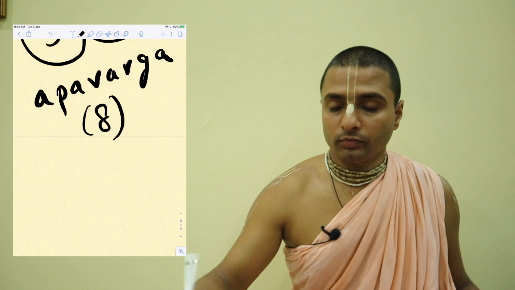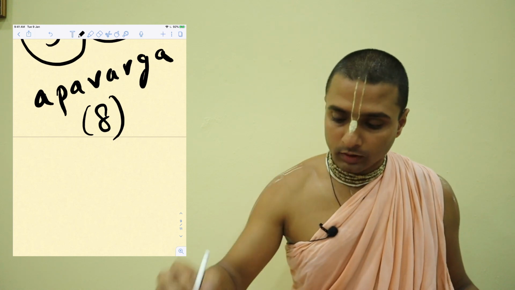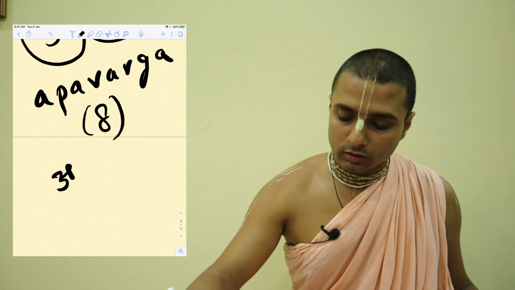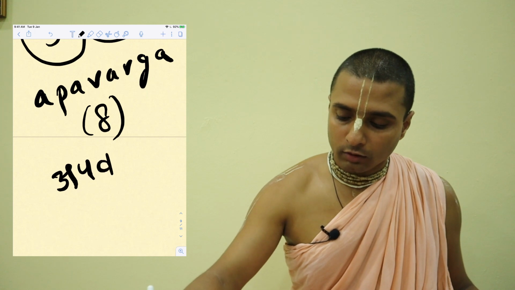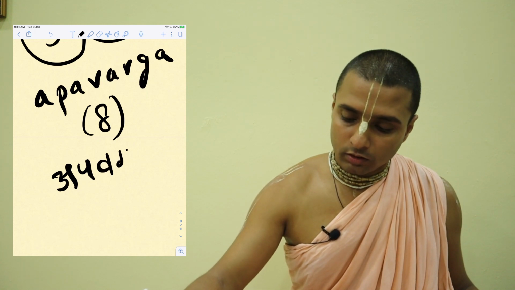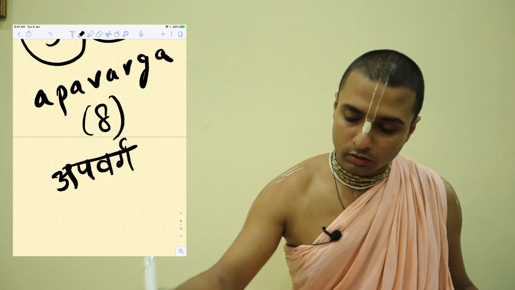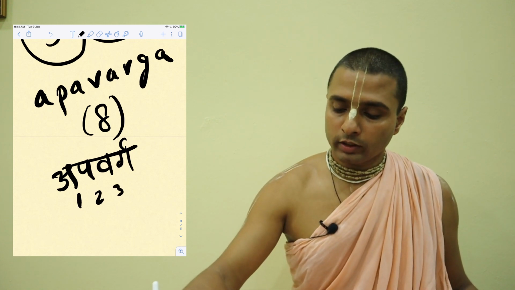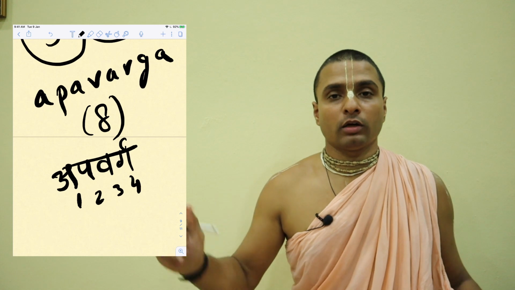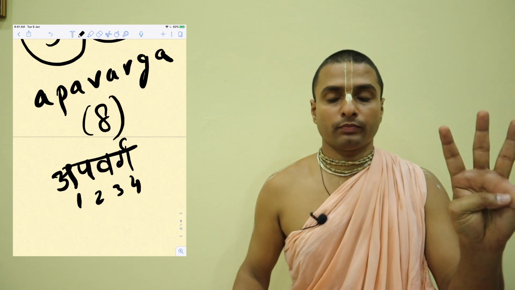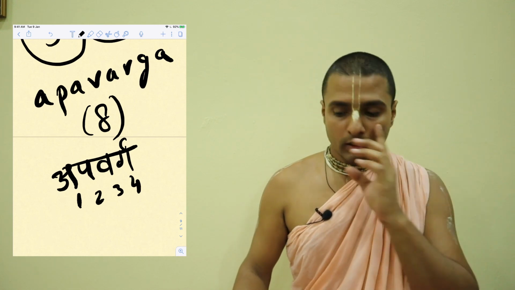If I write in Sanskrit, a, pa, var, ga, you see four. Apavarga, four syllables, four alphabets. The word is formed of four alphabets.